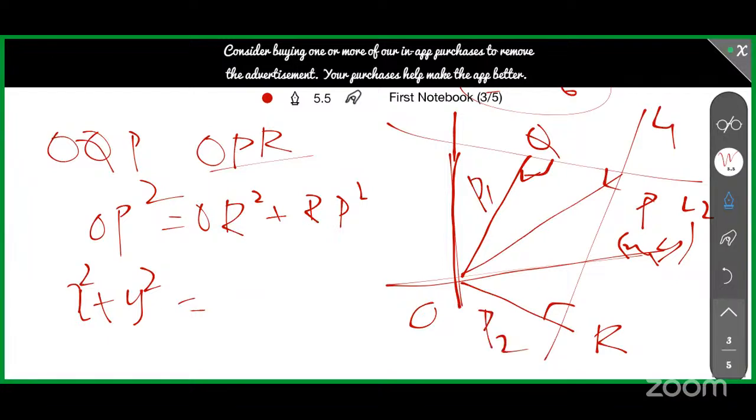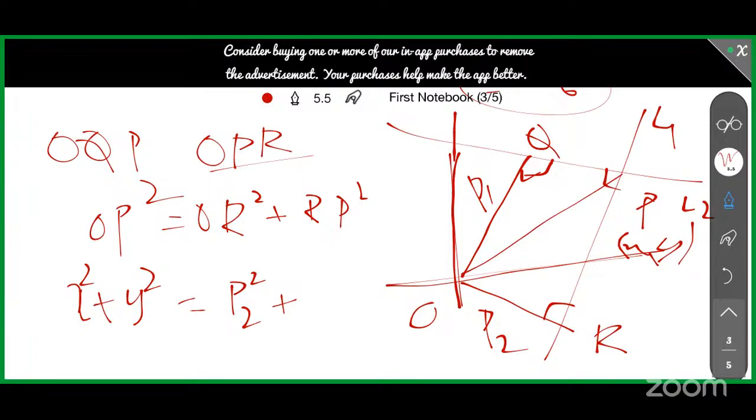What is my OR value? OR is equal to P2, whole square. Now it's going to be a rectangle. Okay, I didn't draw it properly. A rectangle is formed here, whose opposite sides are equal and all angles are equal to 90 degrees.